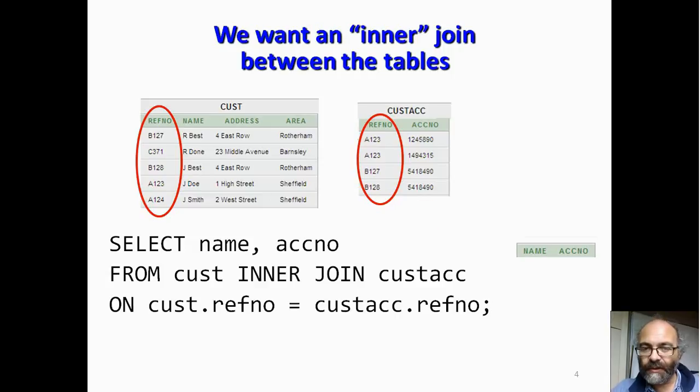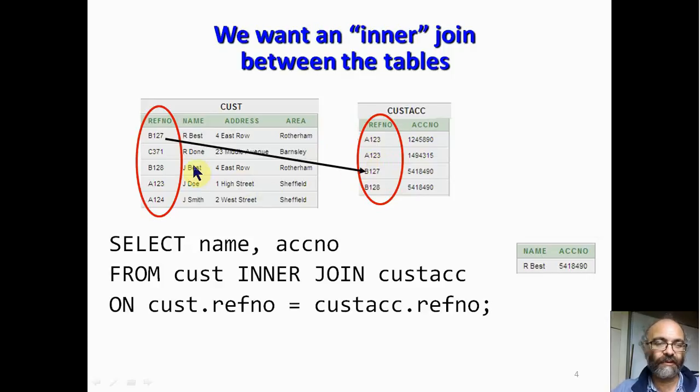So then the computer is going to look for a match every time. B127 is not the same as A123, so that's not right. It compares it to the next, and to the next, and eventually it finds that our best, reference number B127, corresponds with this one, and it puts the data where the two reference numbers correspond.